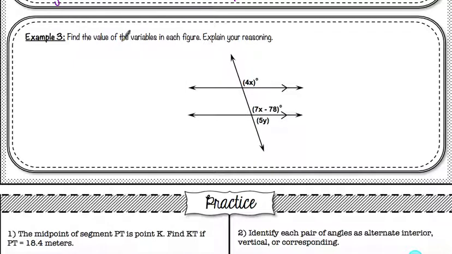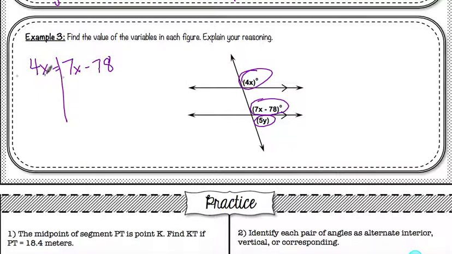Example 3 says, find the value of the variables in each figure. Explain your reasoning. So I've got x and I've got y. I have to figure out what those measures are. I can start with 4x degrees and 7x minus 78 degrees are corresponding angles, which means they are equal to each other. They're congruent.